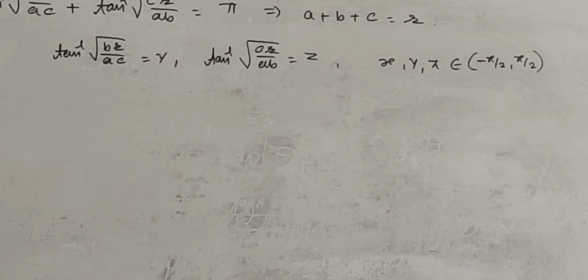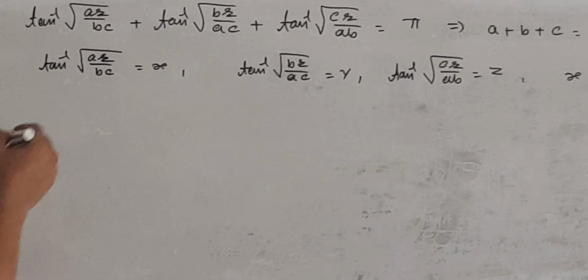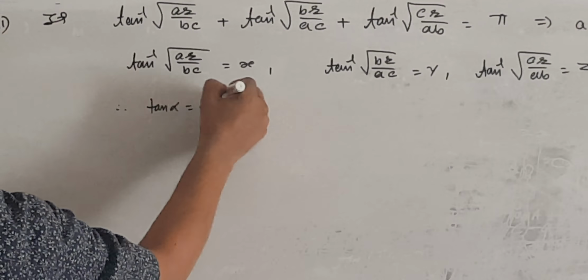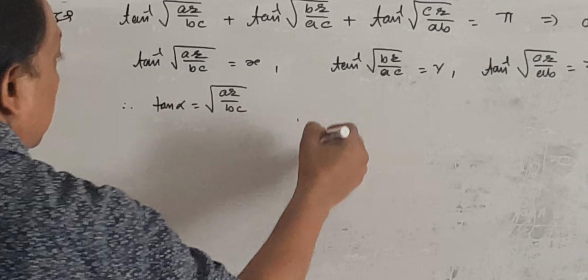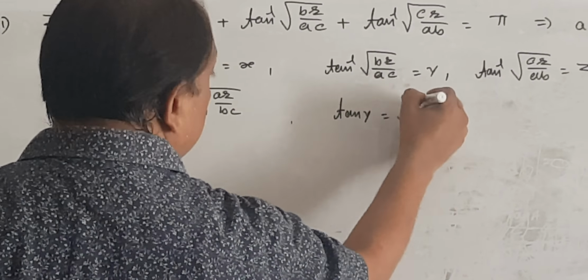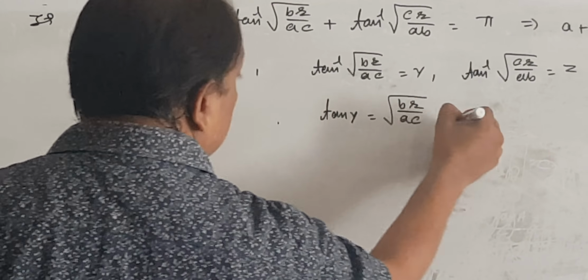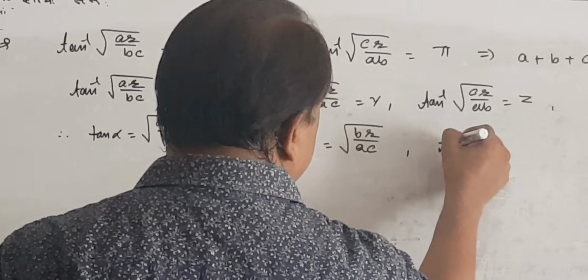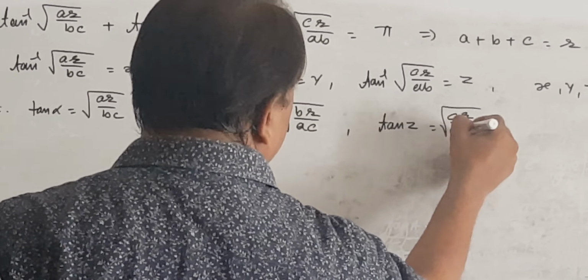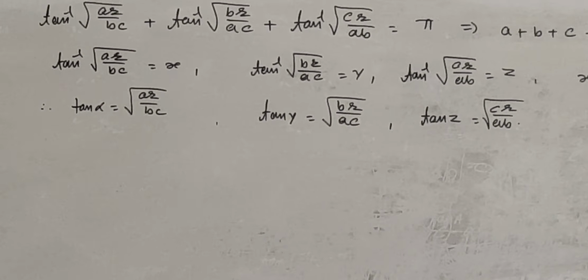Okay, so the inverse is possible. So we can say tan x is root AR upon BC, like this. And tan y is root BR upon AC, like this. And tan z is root CR upon AB. Okay, we keep the value.